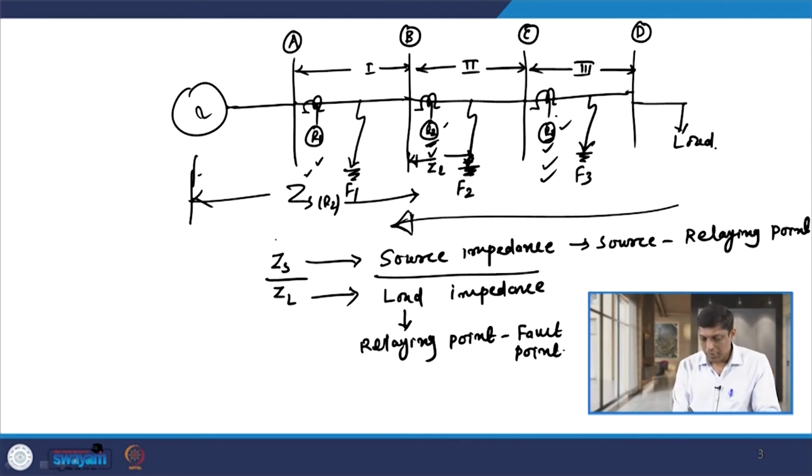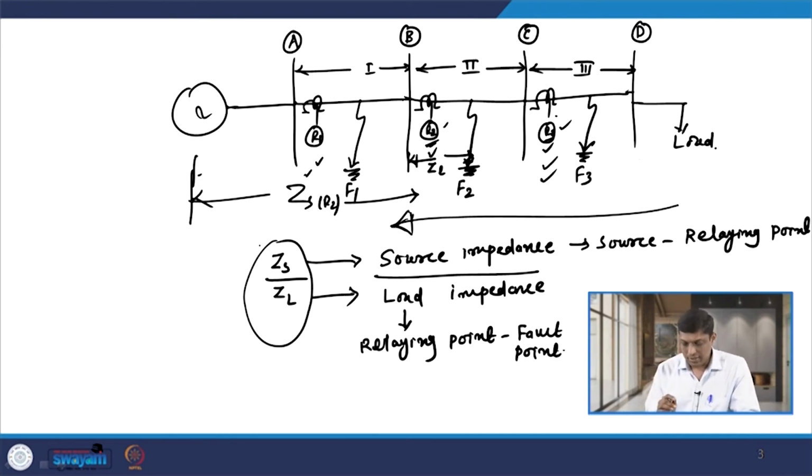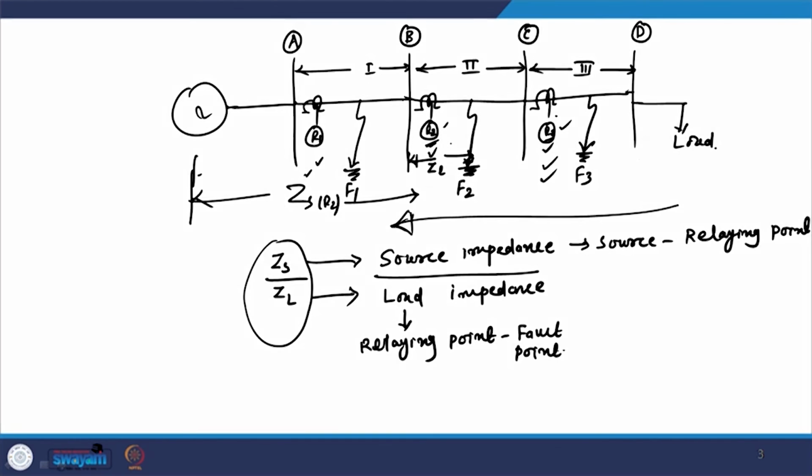So, we are talking about this ZS by ZL ratio. Now, if I consider R1, R2, R3 all are instantaneous overcurrent relays, then we can say that the ZS by ZL ratio varies depending upon the location of relay. ZS depends on the location of relay and ZL depends on the location of fault; at what location the fault occurs, accordingly ZL varies.